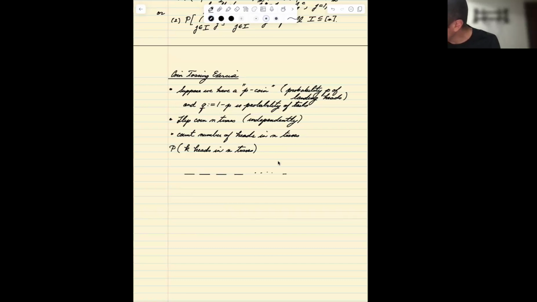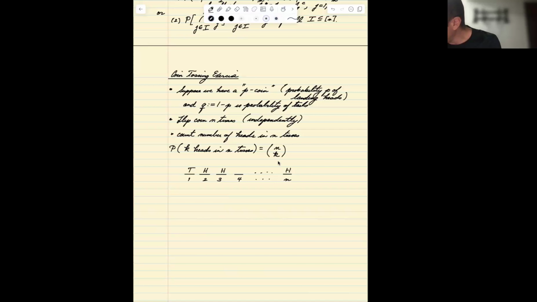Let's just say 1, 2, 3, 4, etc., n. So we want k heads, and we can put them wherever we want. So we can pick whichever spots we want out of the n. So there are n choose k possible arrangements. And regardless of the arrangement, the probabilities are the same because of independence.